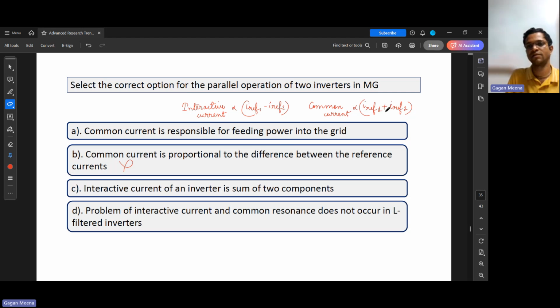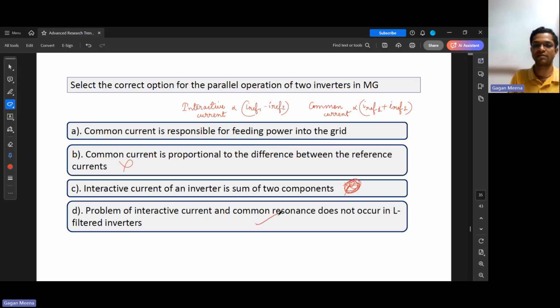This is okay. Interactive current of an inverter is sum of two components. Difference. Problem of... is sum of two components. This is correct. It is sum. Problem of interactive current and common resonance does not occur in L filter.